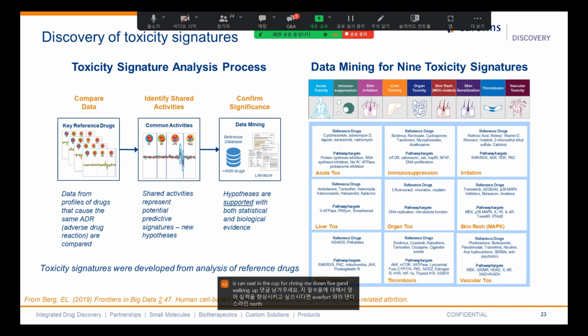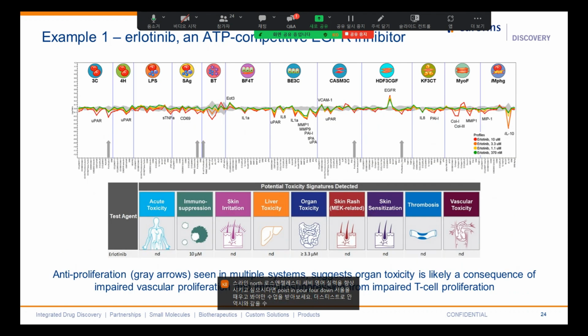Those toxicity signatures are all different, and they are shown here with different reference drugs that have those known toxicities, along with the pathways that are in part responsible for those toxicities. So if we go to a Biomap Diversity Plus profile and we ask the question, does this drug have a potential toxicity signature? I'll now show you a couple of case studies.